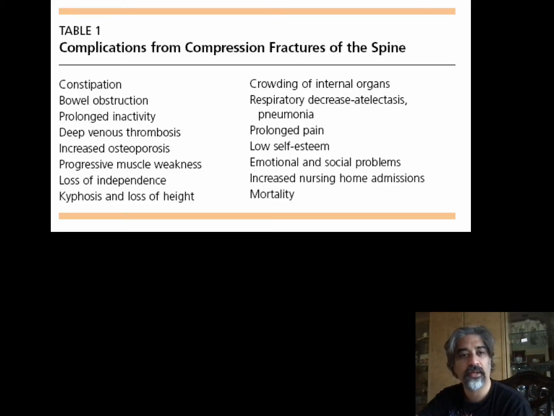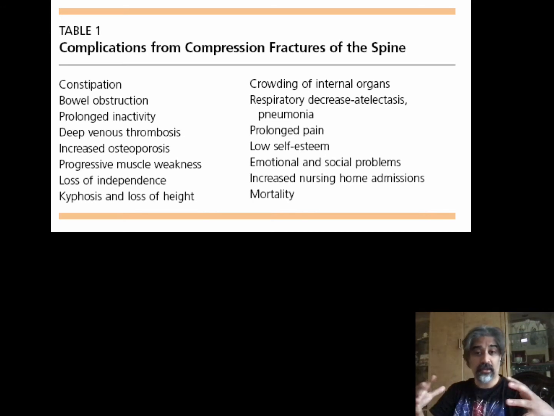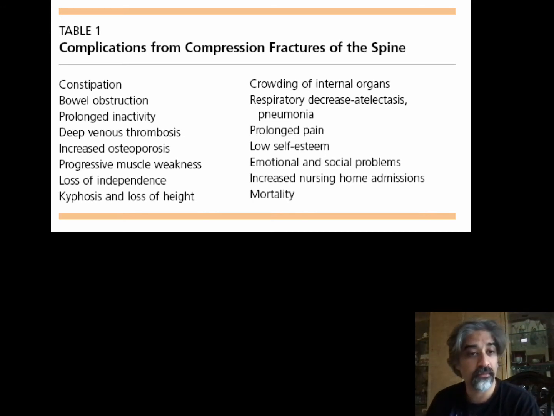So there are complications from compression fractures of the spine that you would be surprised by. The things like constipation, bowel obstruction, ileus, compromise of respiratory excursion, psychological effects, and then you've got the things that are kind of not so surprising, like you could get a radiculopathy along with it because of irritation of the nerve root.